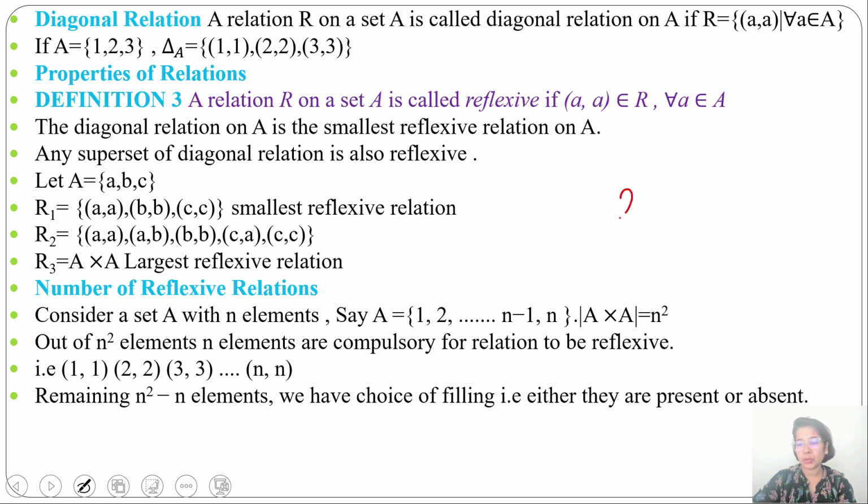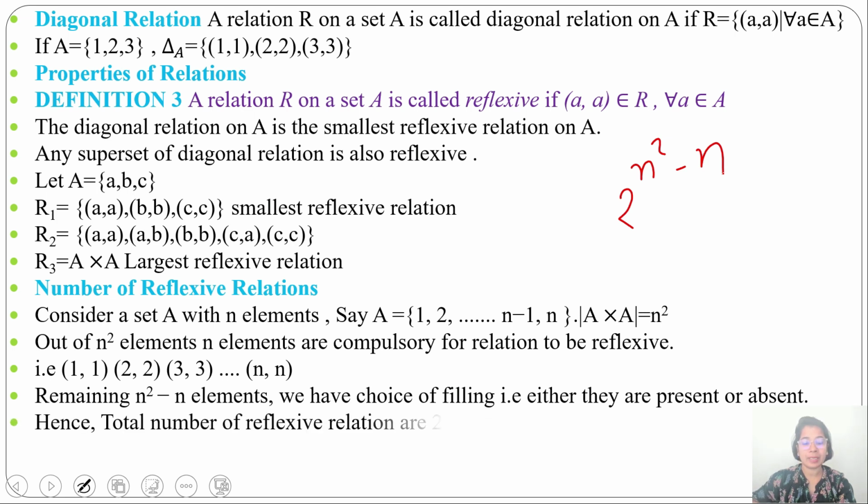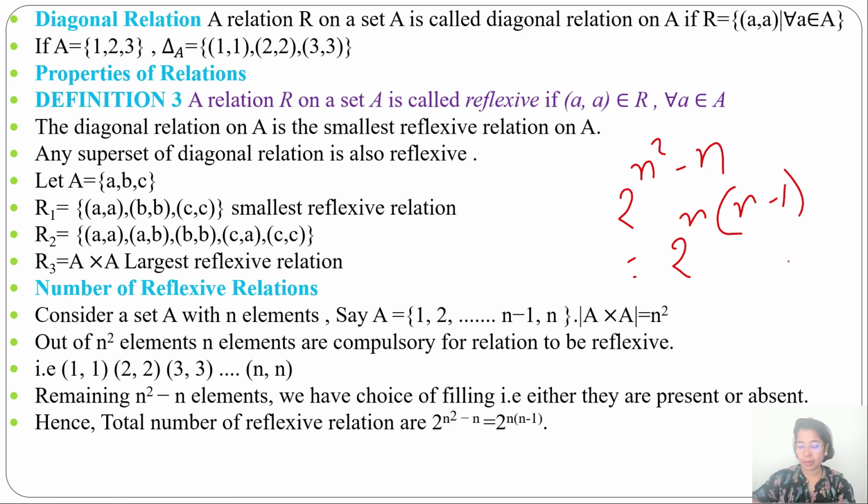So there will be 2 power n square minus n reflexive relations possible. You can write this as 2 power n multiplied by n minus 1, I just took n as common. So the number of reflexive relations possible equals 2 power n multiplied by n minus 1.